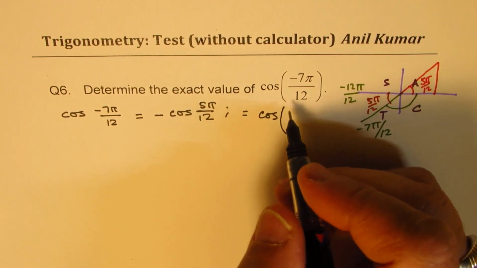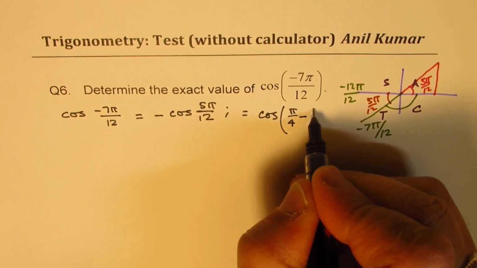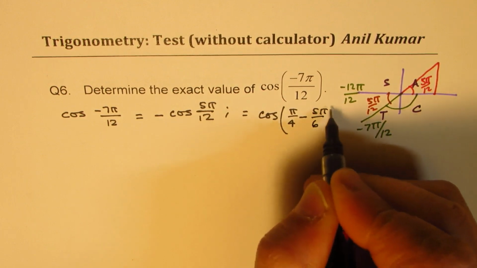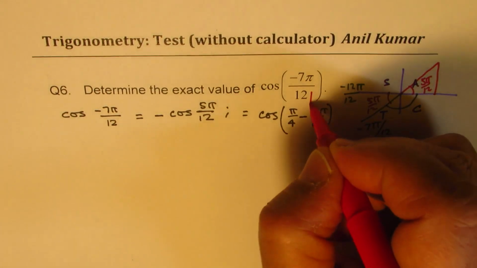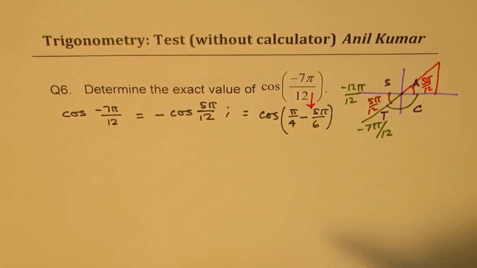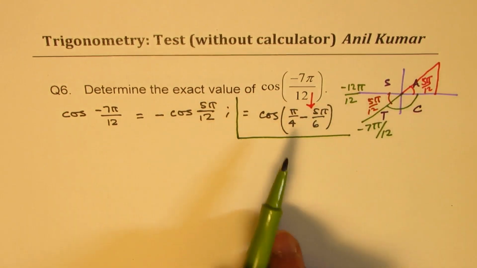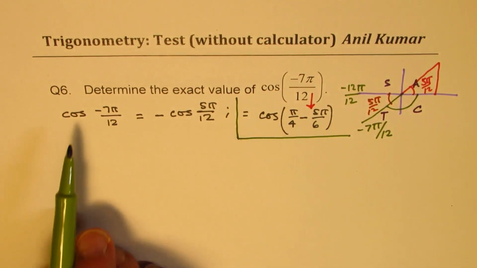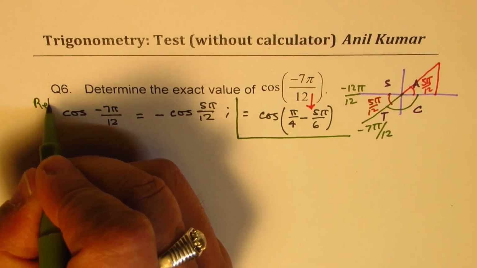So that will also give you what I'm trying to say. Perfect. But what I will do, I'll adopt this approach. You could expand this and get your answer. But what I'm doing here is using the related acute angle.